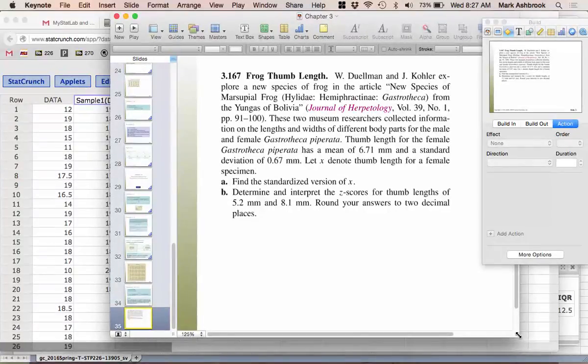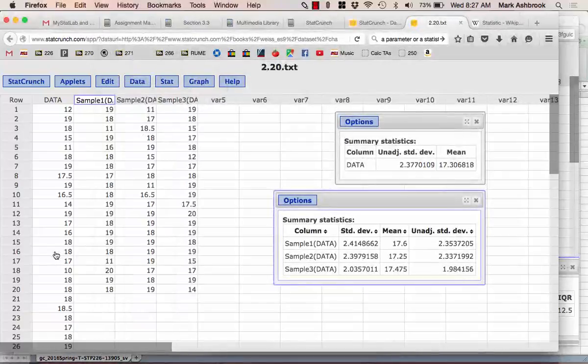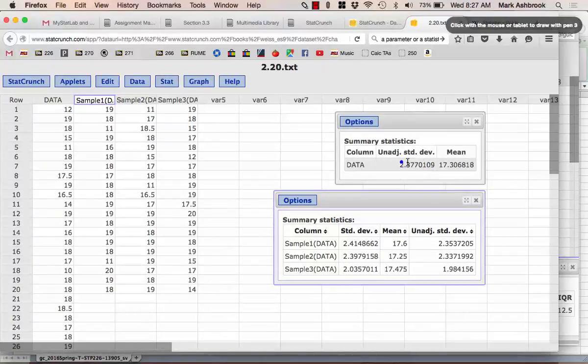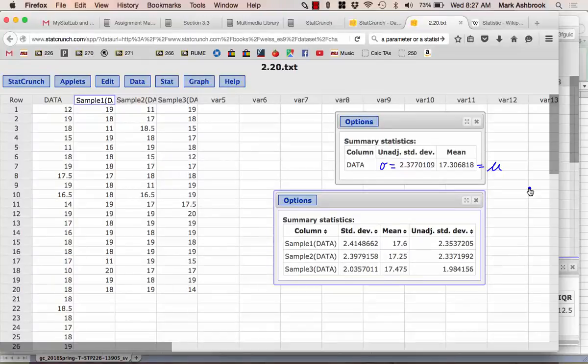Okay, so let's go back to our population here for your sheets. We'll use this data right here. So this is true sigma, right? This is a true sigma, and this is a true mu for all the quiz scores from both classes, right? So I want you to find the z-scores.